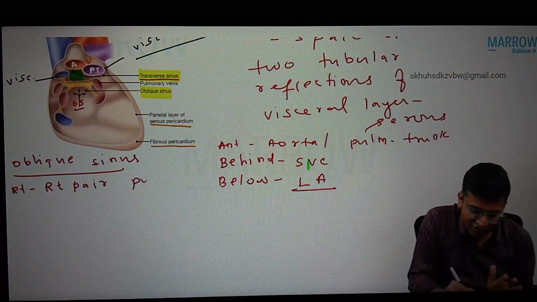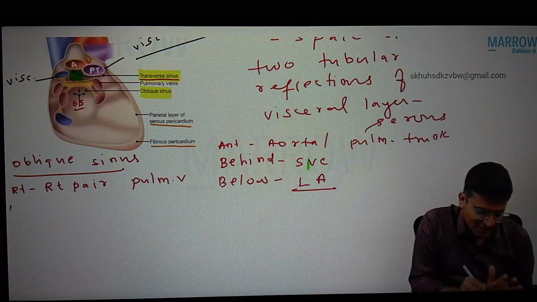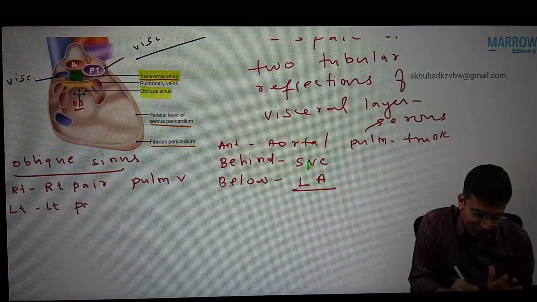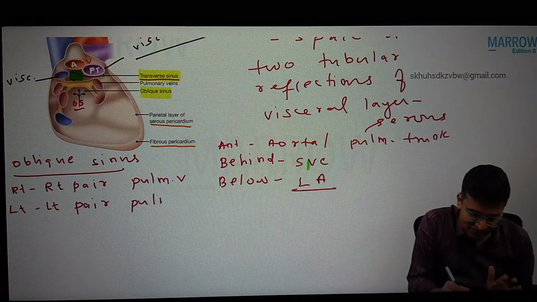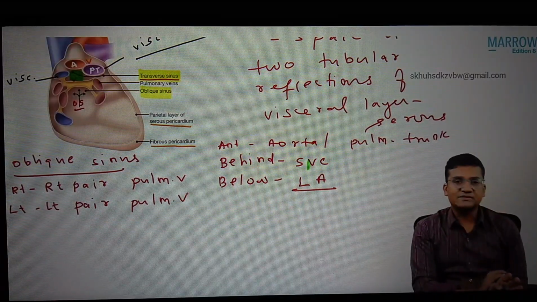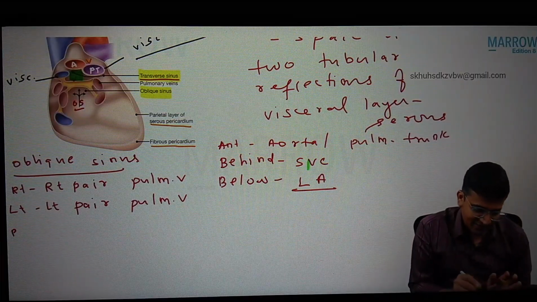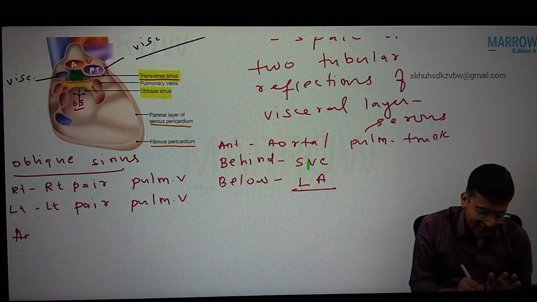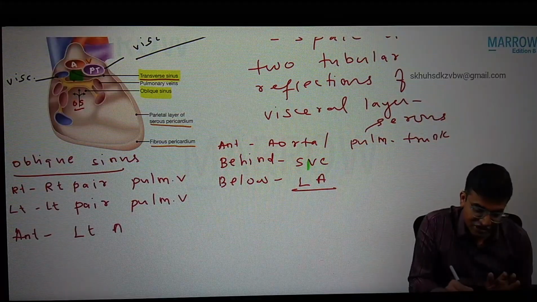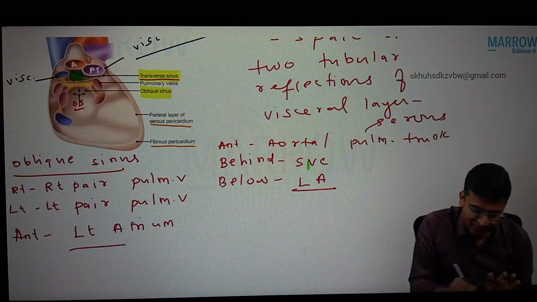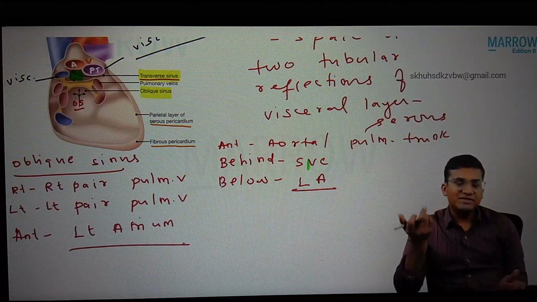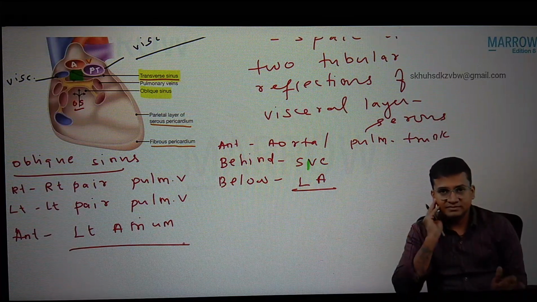On the left side, the left pair of pulmonary veins. In front, anteriorly, we have the left atrium. This is very important: in front of the oblique sinus, we have the left atrium.